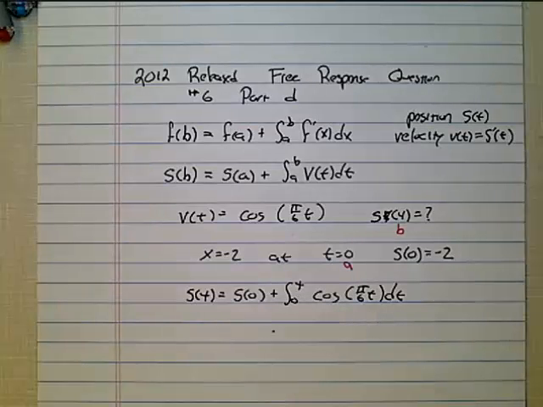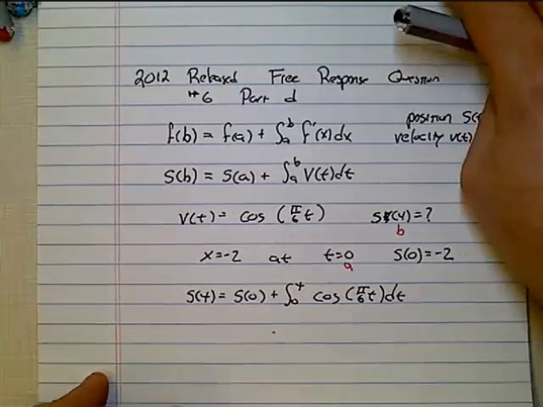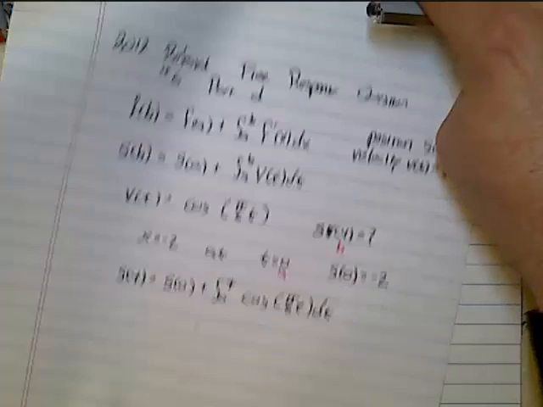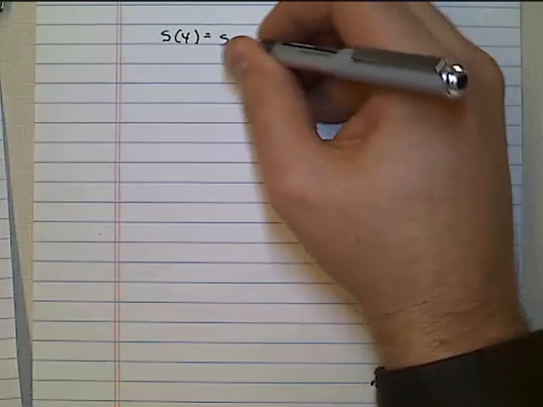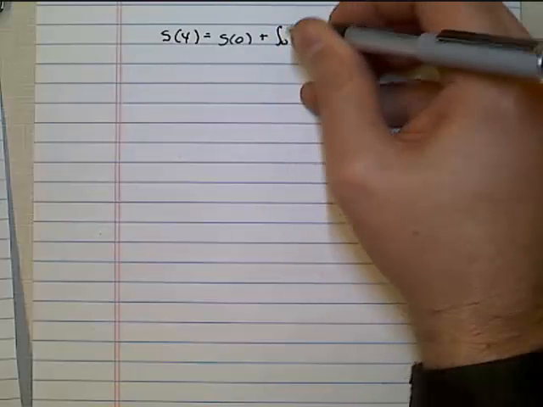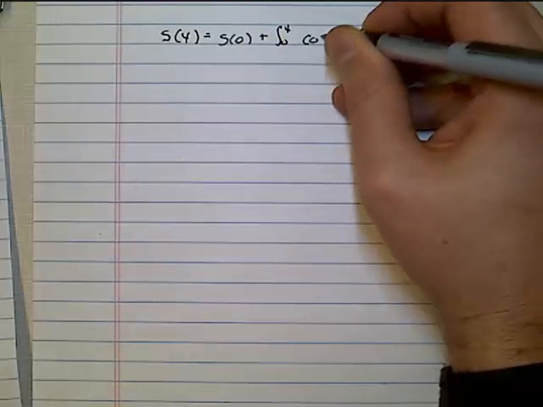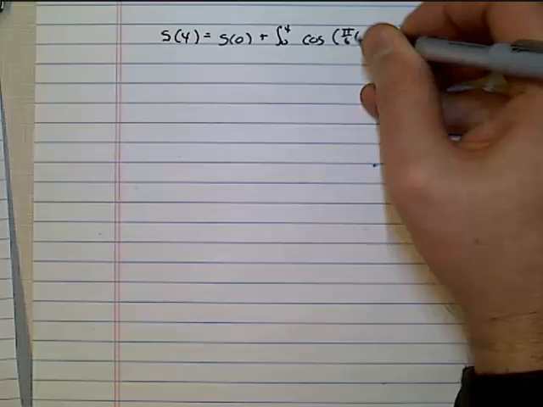But we'll do it as a definite integral. I'm just going to switch pages so that we don't run out of room. So here's what we have: s of 4 is equal to s of 0 plus the integral from 0 to 4 of cosine of pi over 6 t dt.